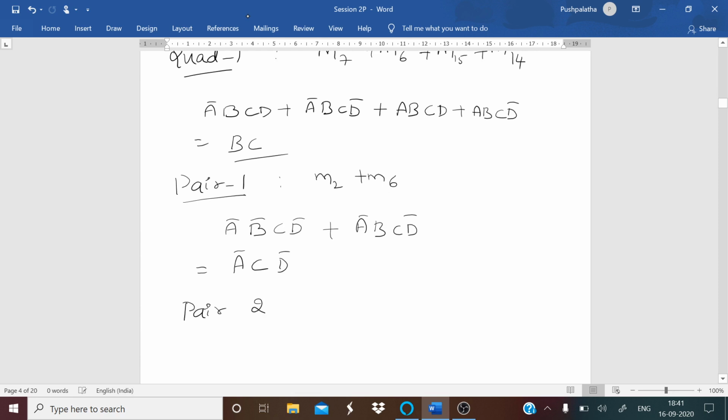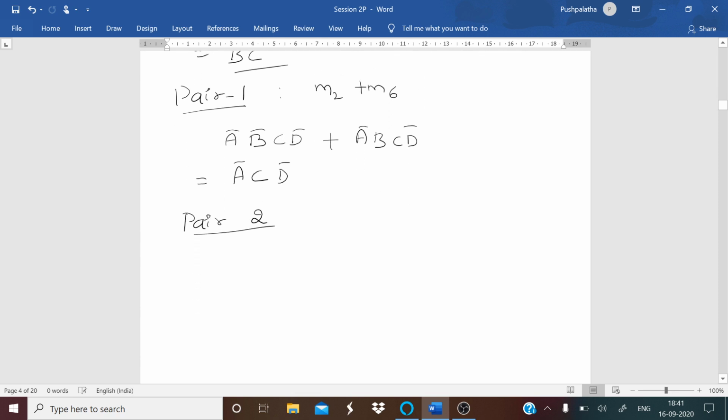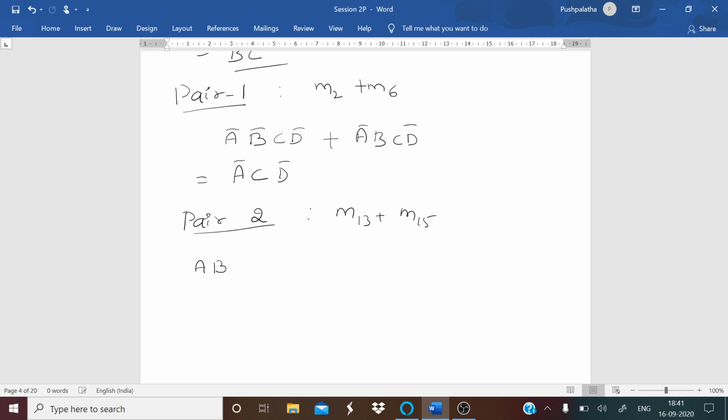Similarly, you have your pair 2. Pair 2 is your M13 plus M15. So that is A, B, C bar, D plus A, B, C, D. So A, B remains the same, C has changed, so D. So this is your B and D. Okay, so now put together all these things, that is your final expression.